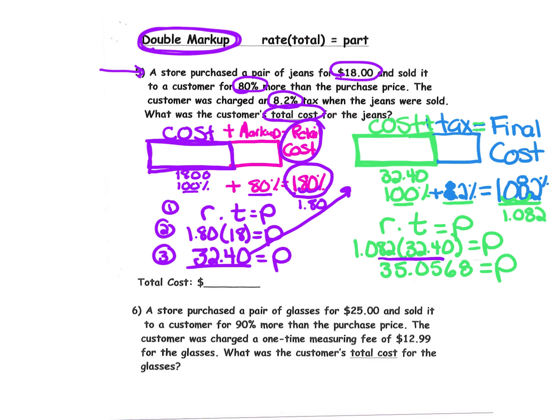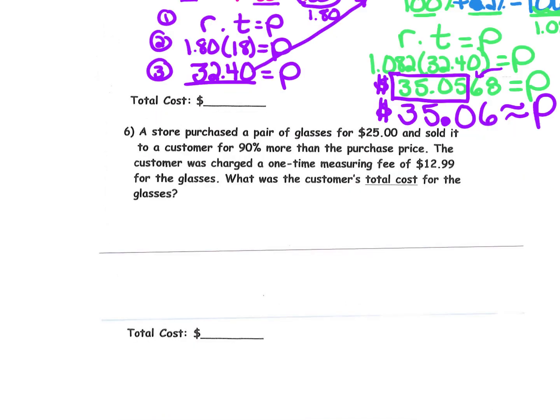We know money goes to the hundredths place, the pennies position. So we're going to have to round. The 6 is 5 or more, so raise that score. So our final answer is $35.06. Yes, it is a rounded amount, but it is the final answer. Now let's just take a peek at problem number 6, and that will conclude this video.